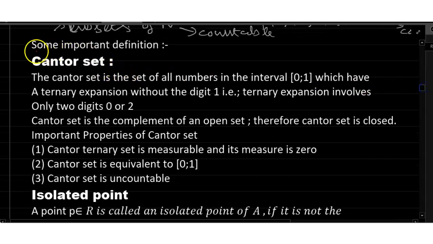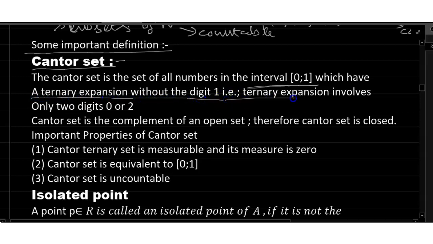Next, some important definitions. Cantor set. The Cantor set is the set of all numbers in the interval [0, 1] which have a ternary expansion using only the digits 0 or 2.